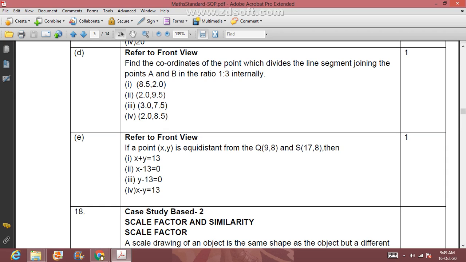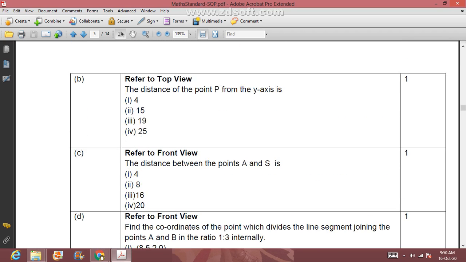No problem. If you are solving all 5, whichever be the 4 correct ones, those will be considered for counting your total marks. So no problem here. Overall choice is given for these 5 questions. Out of 5, you have to solve any 4.